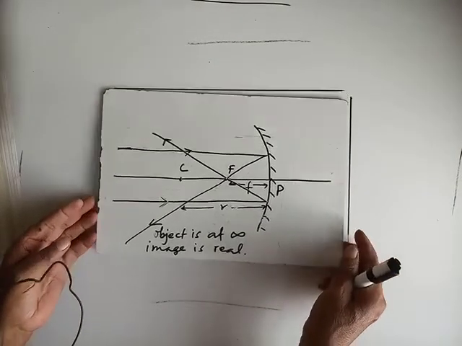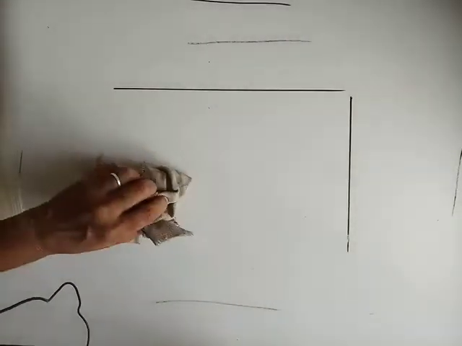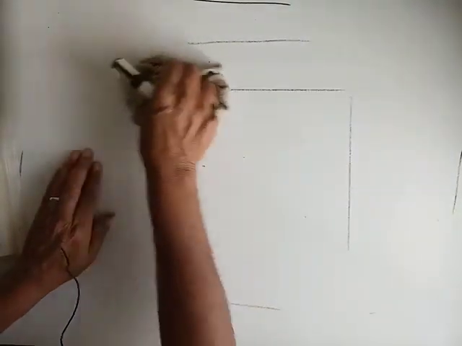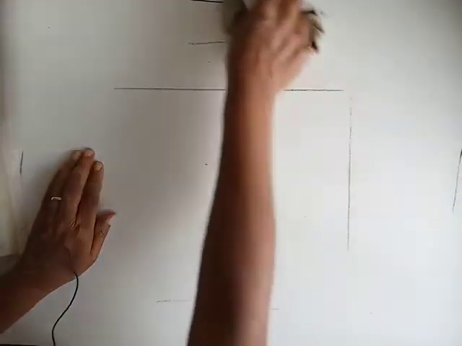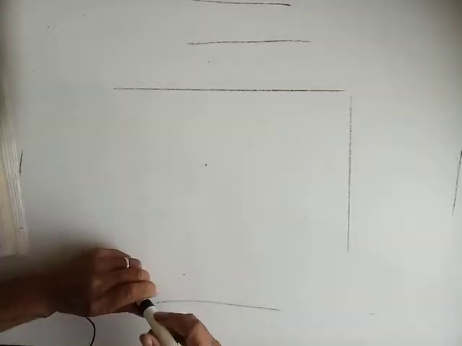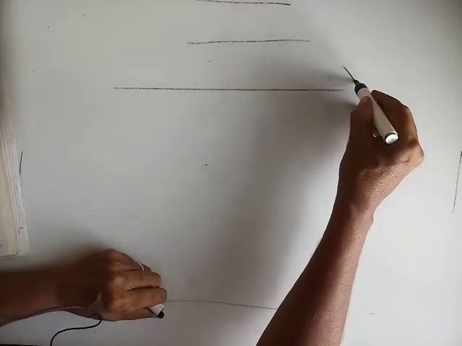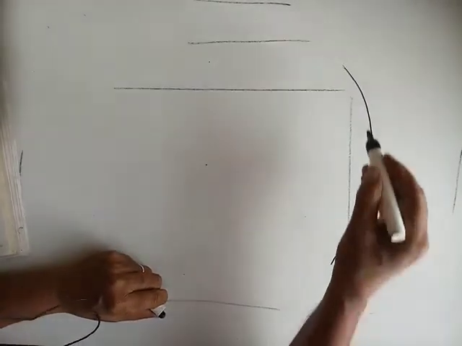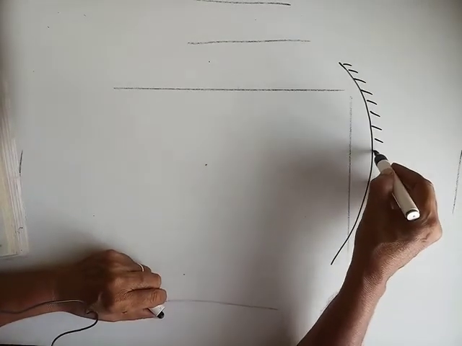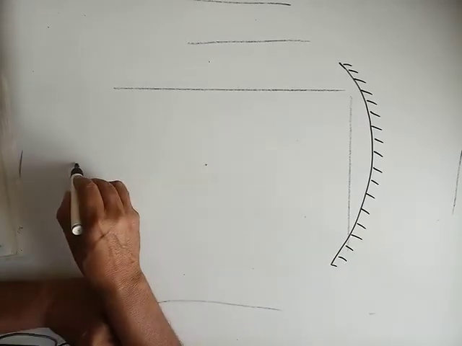Now the second case is when the object is beyond C. This is a concave mirror, and this is the principal axis.